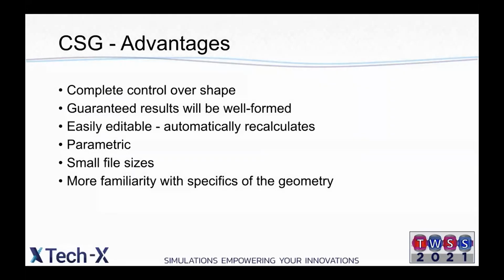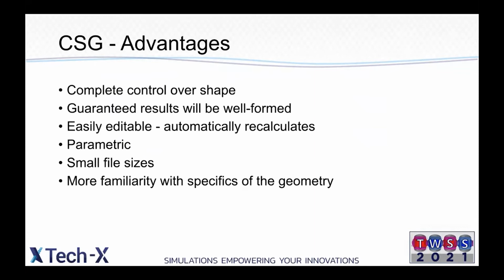So advantages of CSG. We've seen some of these already. You have complete control over the shape. One of the key factors is that you are guaranteed that your result is going to be well formed. It's a watertight object. There are no holes or strange overlaps or some of the other things that we'll see in the CAD files later.